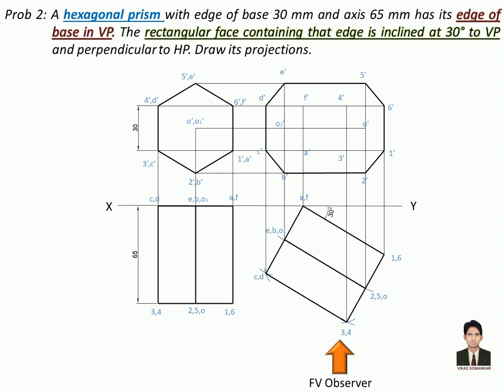For that we will refer to the true shape. Observing the true shape, from 3 we have 3 to 4, 3 to 2 and 3 to C. So all these edges will be visible in this view. So we will have 3' to 4', 3' to 2' and 3' to C' as visible lines. After drawing all 3 lines from corner point 3, we will move to corner point 4.